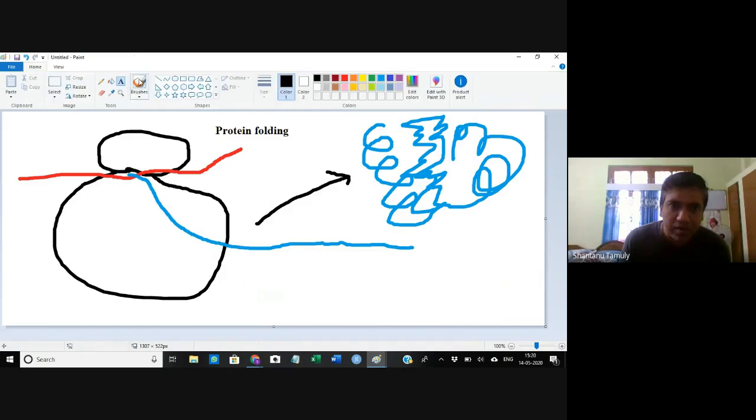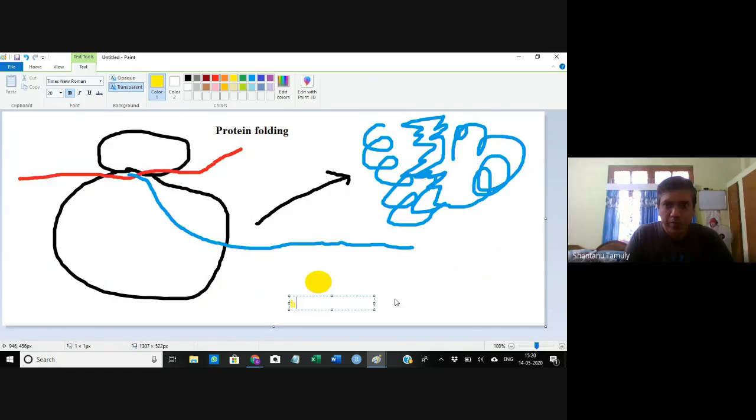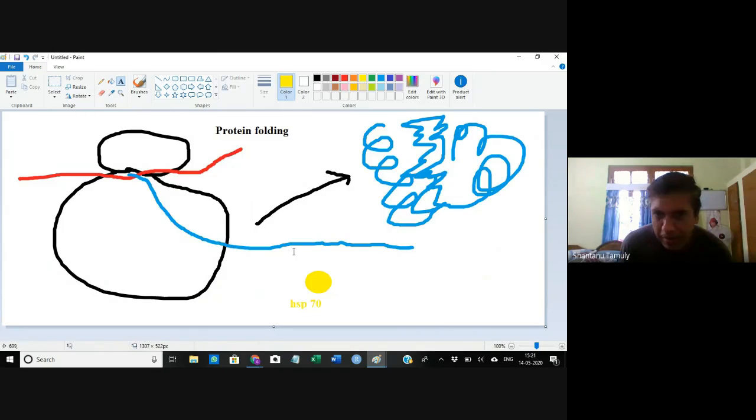So what will happen in this case? Once the protein is still in synthesis, HSP 70 will go and bind the protein.